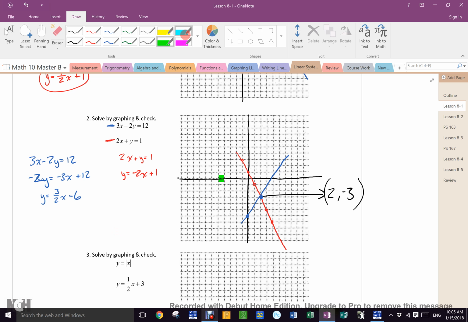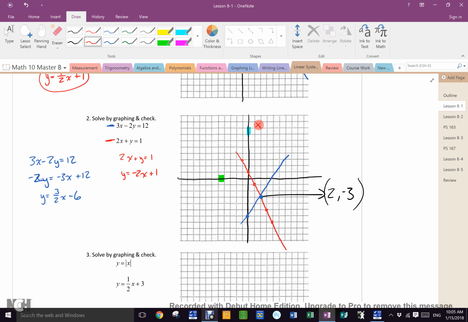How many values exist between there and there for y? Infinite, right? So what would happen if our lines crossed in the middle? Can you tell me what the solution there is? No. So that's why we don't use graphing all the time.